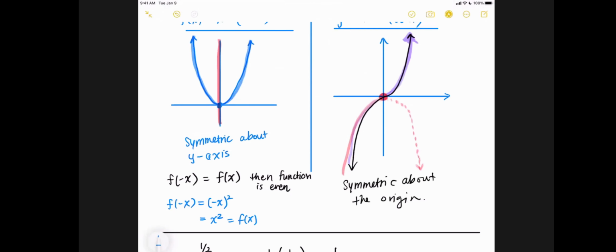If you follow the thought process here, f of negative x is equal to f of x, that's an even function. And this is the idea that is being used for relating to our trigonometric functions.